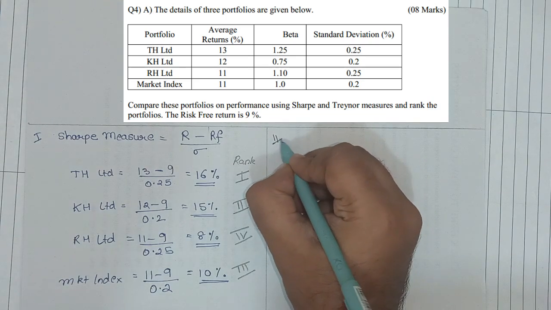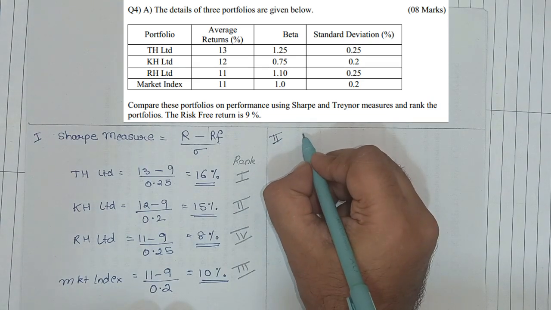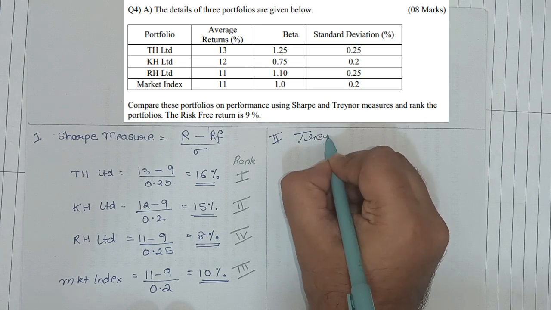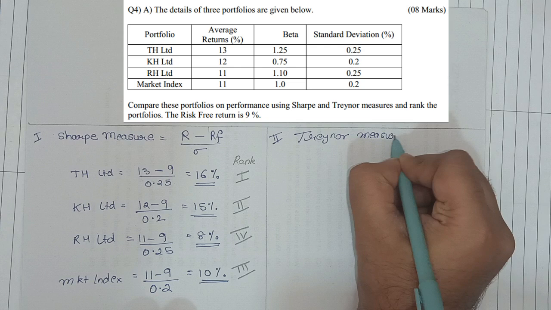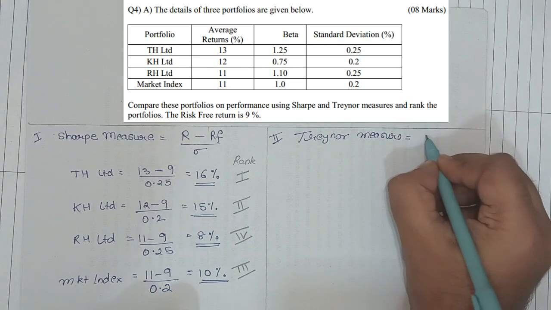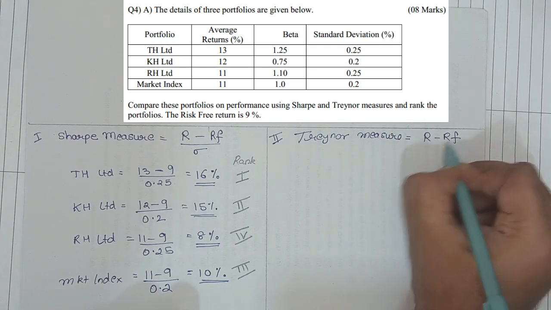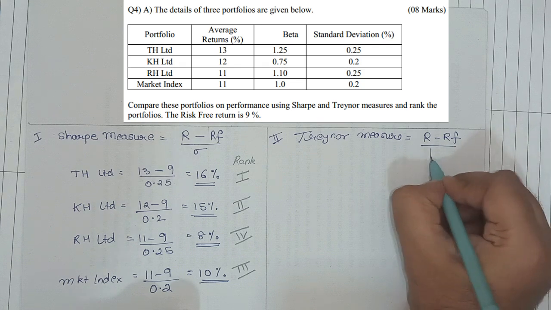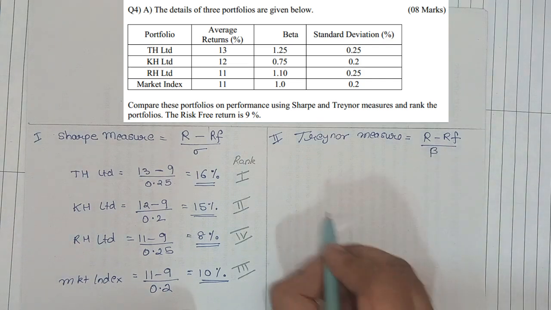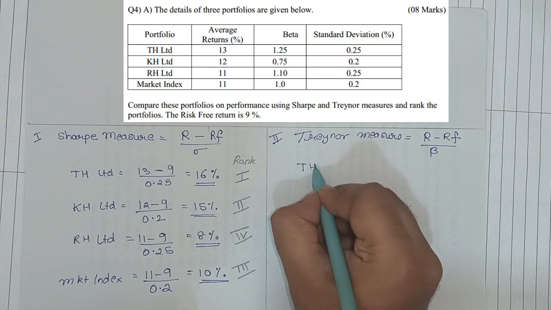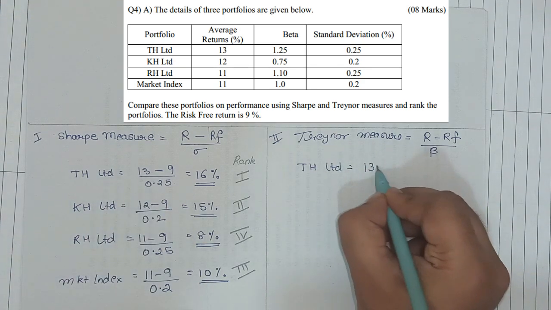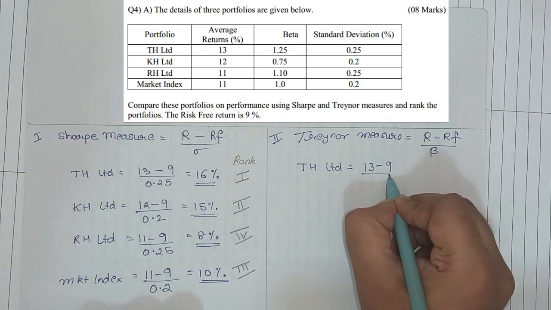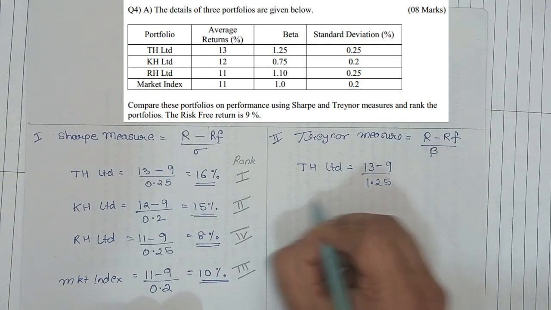I'll note down the formula, Treynor's measure. Formula is similar, it's R minus RF but divided by beta. Okay, that's the only difference. So TH Limited, the numerator will remain same, so it is 13 minus 9 divided by beta, that is 1.25.